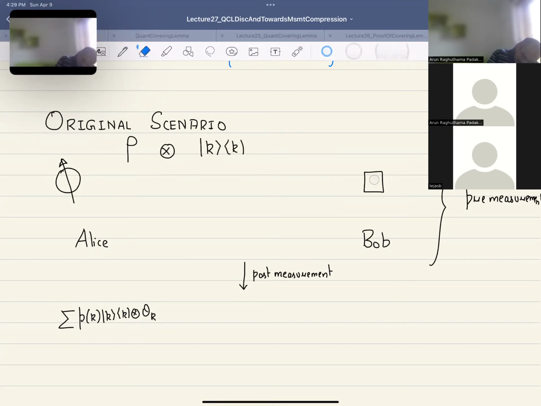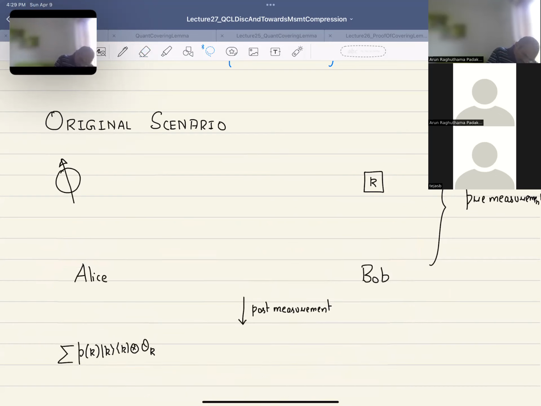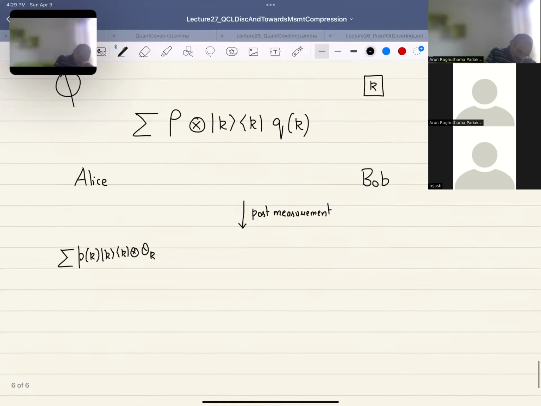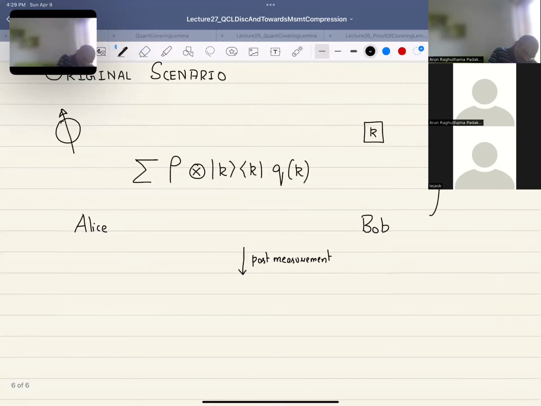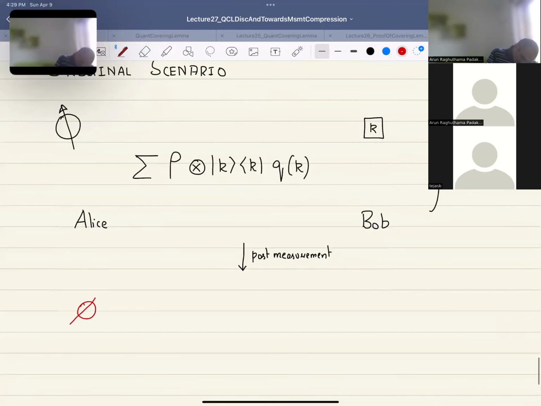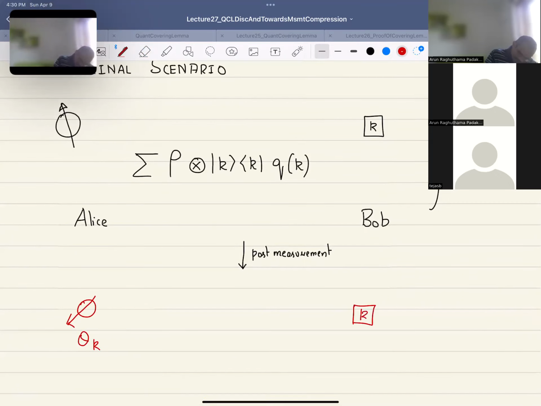So this is your K. And I'm going to look at the following: rho tensor K, Q of K. So this is the post-measurement scenario. Now, pre-measurement scenario, and the post-measurement scenario is theta K, and this is K.